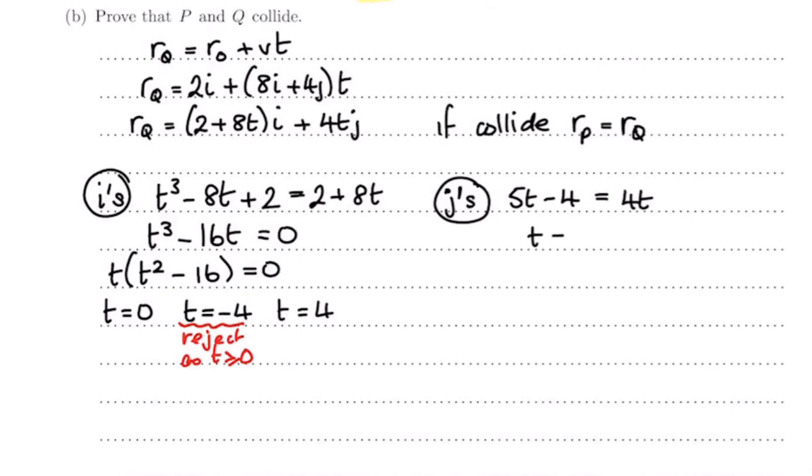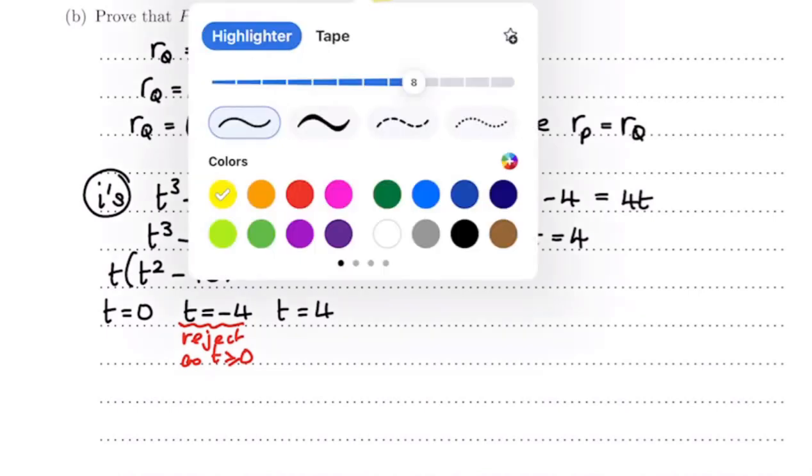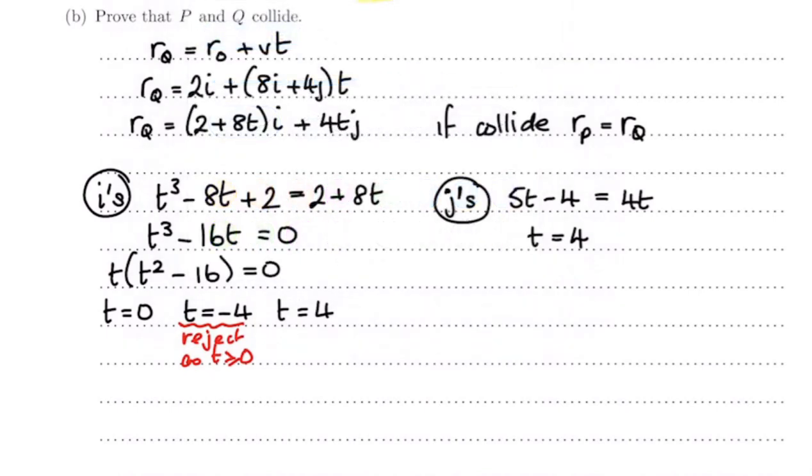If you rearrange that, you get t equals 4. And you should now be able to see that for both the i's and j's, we've got the same time. So when t equals 4, the i's and the j's are the same. That means that they collide when t equals 4.